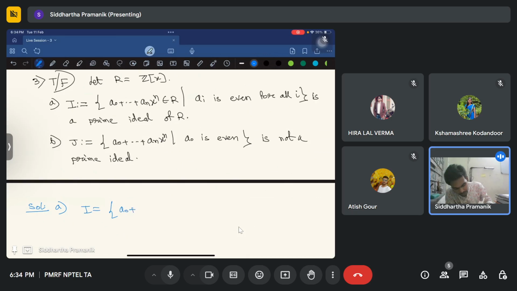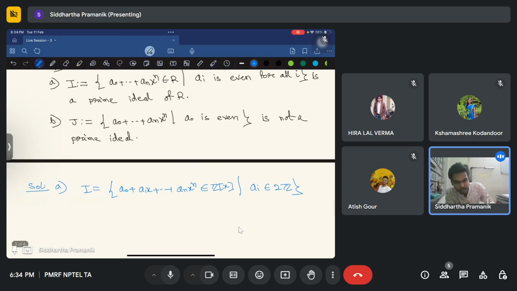So I can be written as a0 plus a1x plus ... plus an x power n belongs to Z[x], such that all ai belong to your ideal 2Z, because all ai are even. So this is basically, you take the ideal 2Z of Z and adjoin x. So this is your ideal 2Z[x].